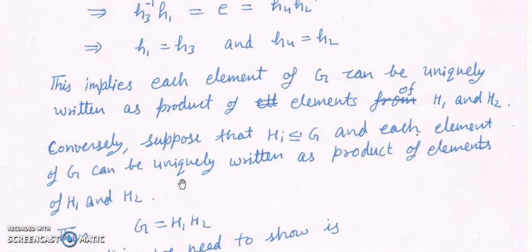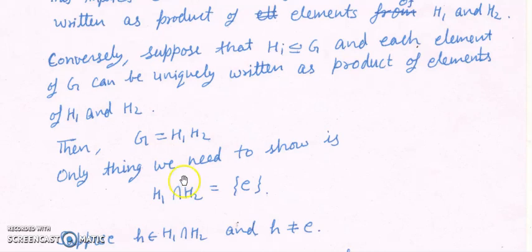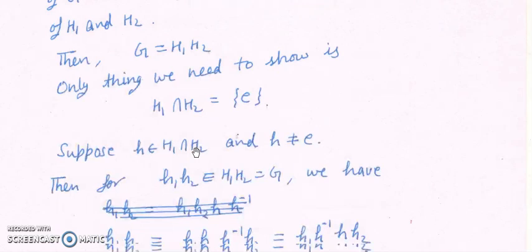Now conversely, suppose that Hi's are normal in G and each element of G can be uniquely written as a product of elements of H1 and H2. We will show that H1 intersection H2 is identity. It is clear that each element of G is written as a product of elements of H1, H2, so G is equal to H1H2. So we have to show that H1 intersection H2 is identity.